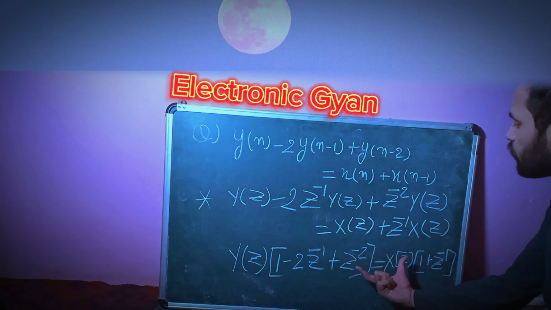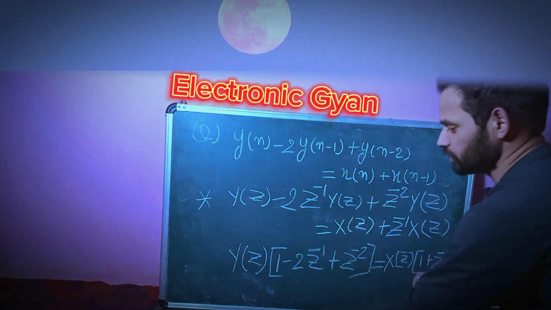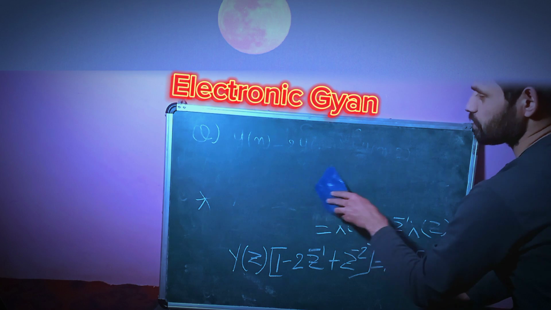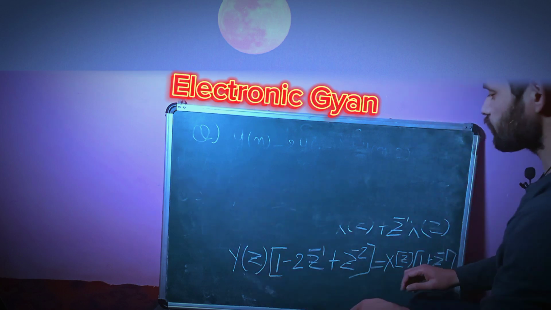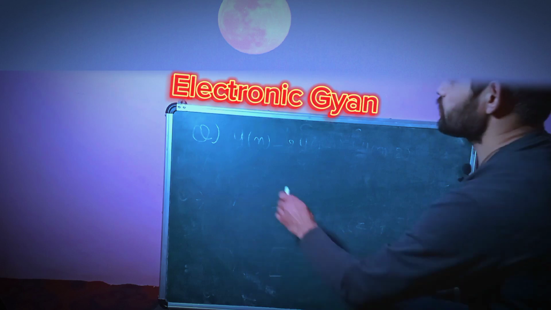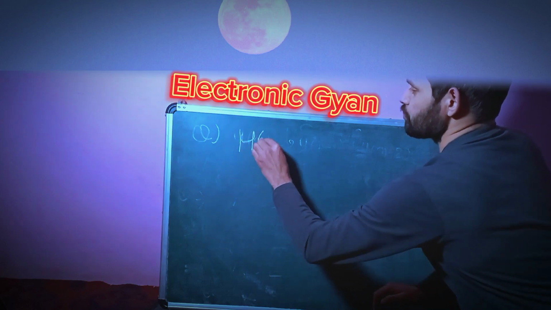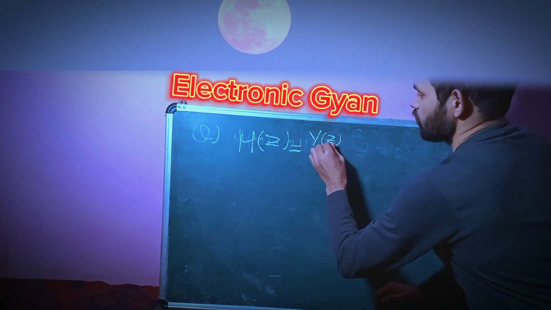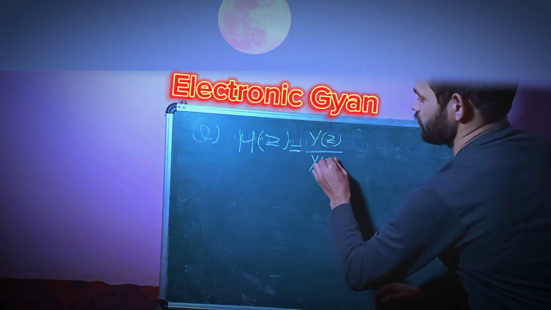Okay, so now we are going to write the transfer function. The transfer function is h of z equal to y of z upon x of z.